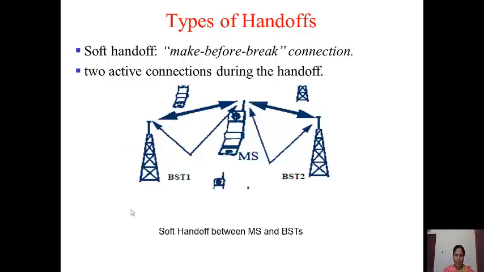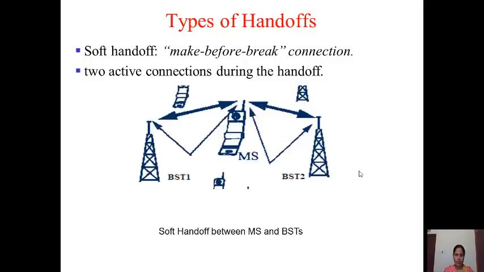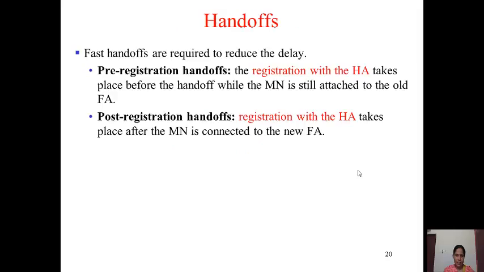So the mobile node holds its connection with the previous base station, establishes its connection with the new base station, and once it is confident that the connection is established and it's able to go ahead with its communication, it tries to relinquish the previous base station, right? So this is the difference between a hard handoff and a soft handoff.